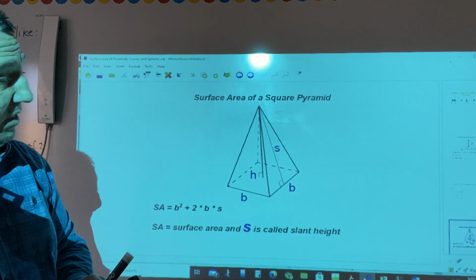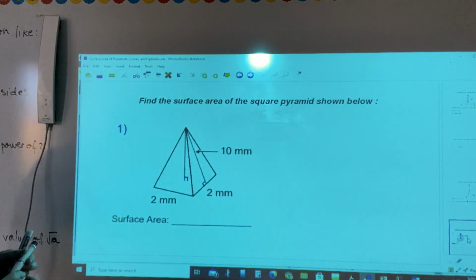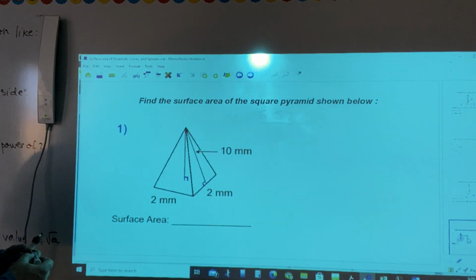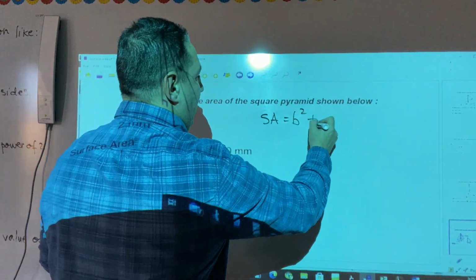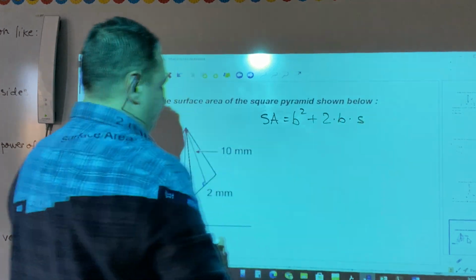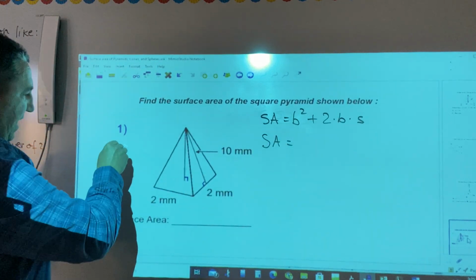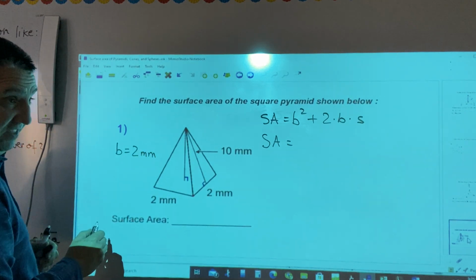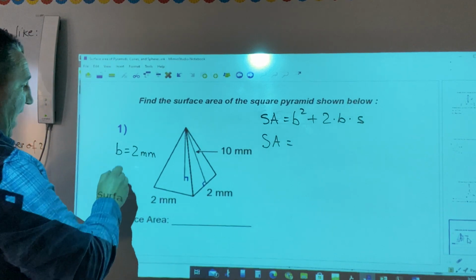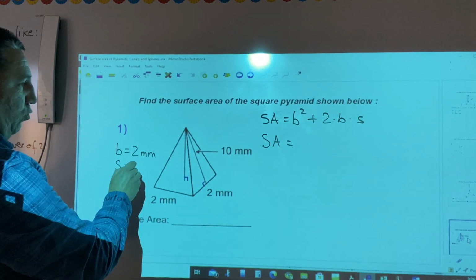Let's have an example. In this case, let's find the area of this square pyramid. Again, we use the formula surface area equals b squared plus 2 times b times s. Here b is 2 millimeters, the length of the side of the square base, and s is the height of the side face, which is 10 millimeters.